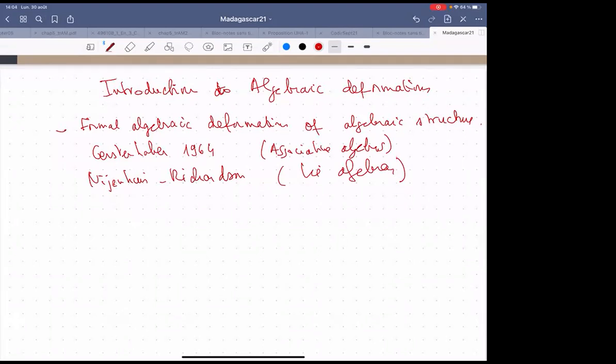And this was based, in fact, on already earlier works about complex structures.